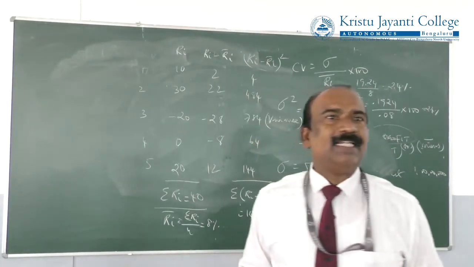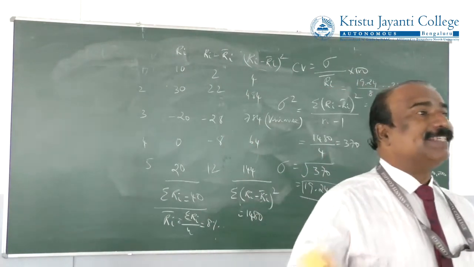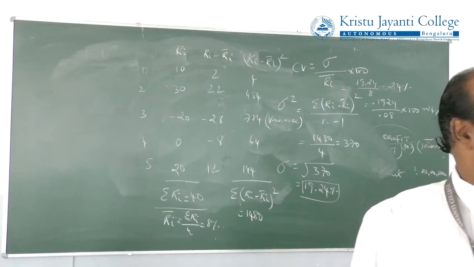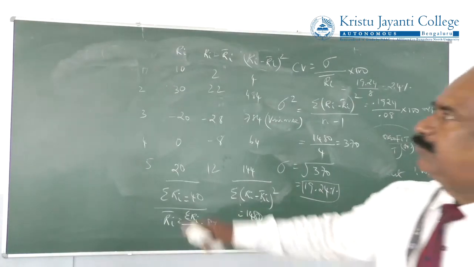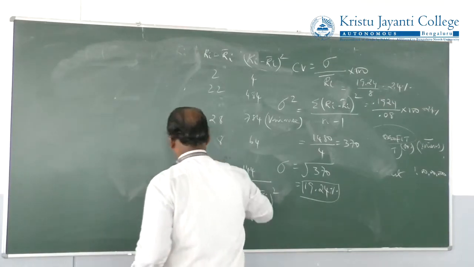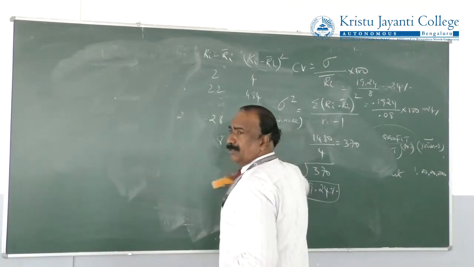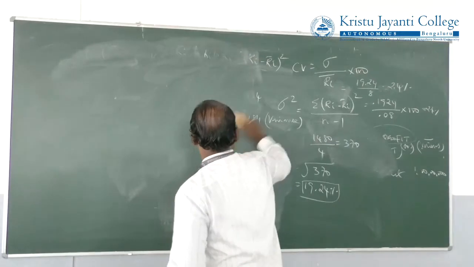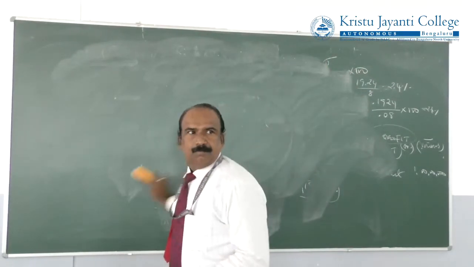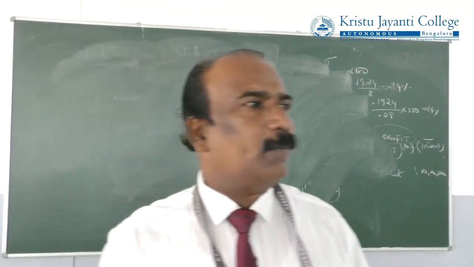Expected return means it is your assumption. Please understand, it's not actual, it's your own assumption. As we know, there are three business conditions. One is storm, which means boom period.